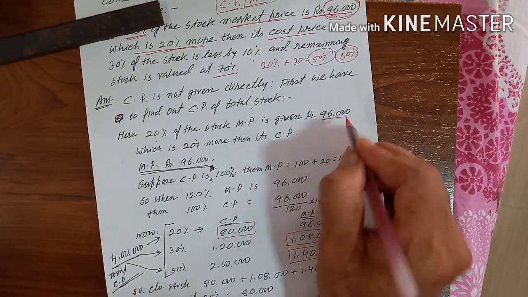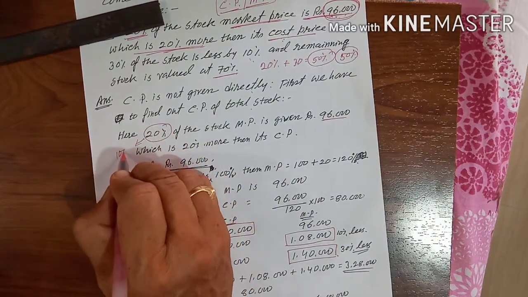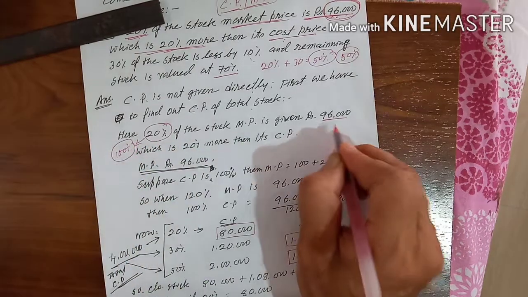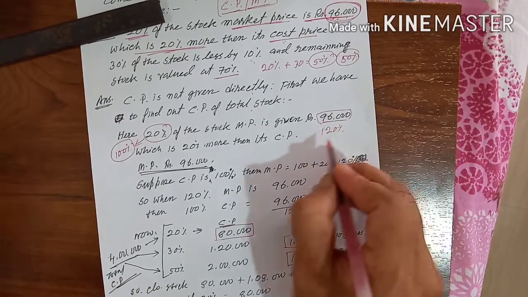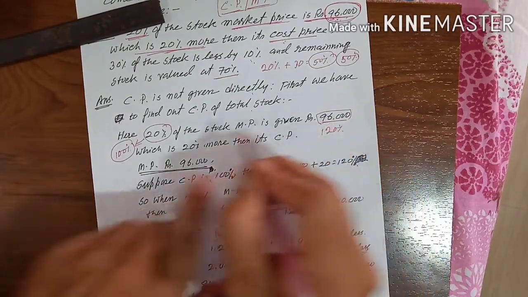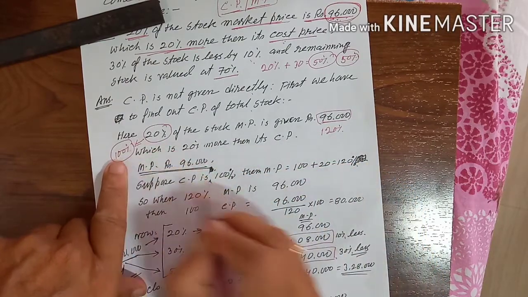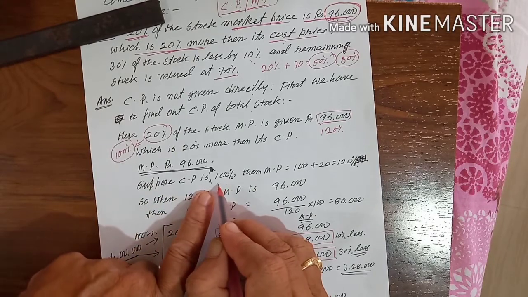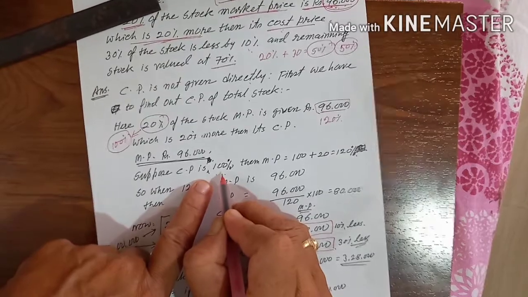96,000. Suppose this 20% is the 100%. Then this 96,000 is 120%, because this 96,000 came as 100 plus 20. So we have to suppose the CP is 100%, not the whole CP. 20% of that CP is 100%.